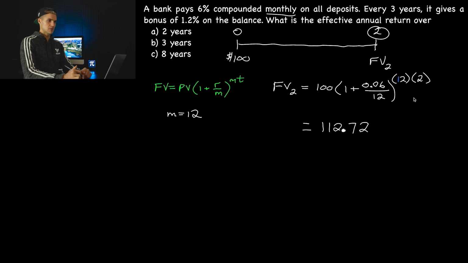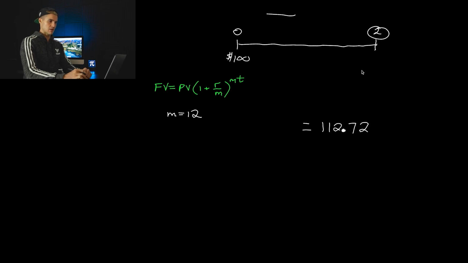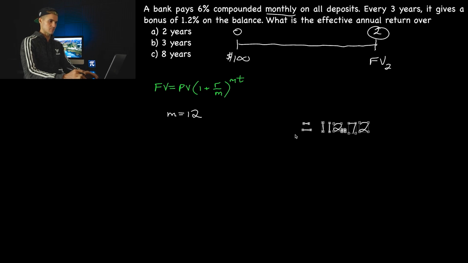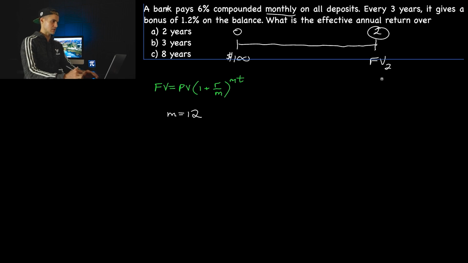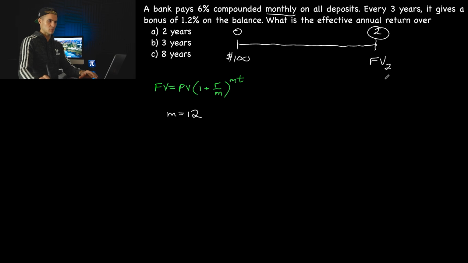So I'm going to erase this here, and let's bring this amount, 112.72, up here. Now what they want is the effective annual return that you're making to get to this amount. So you're earning some kind of R percentage here and some kind of R percentage here.